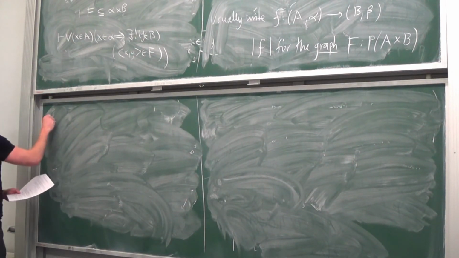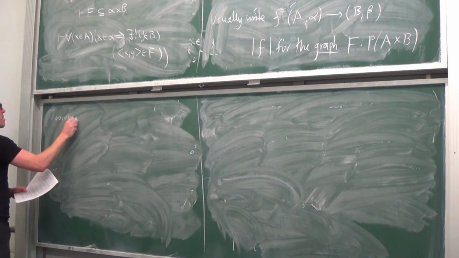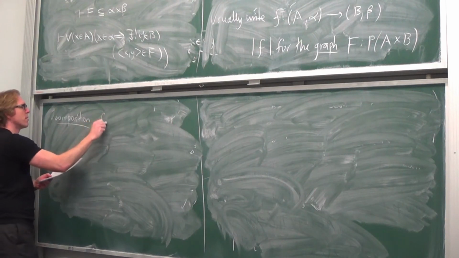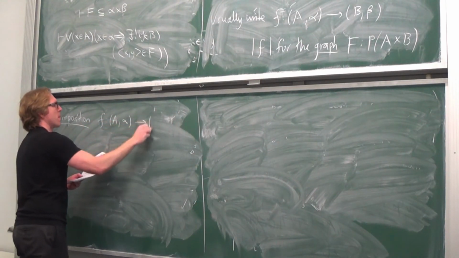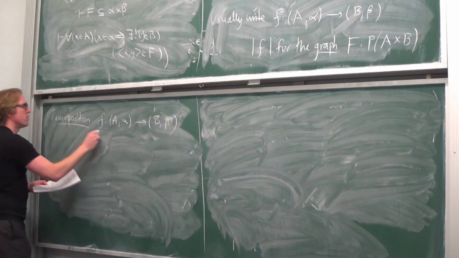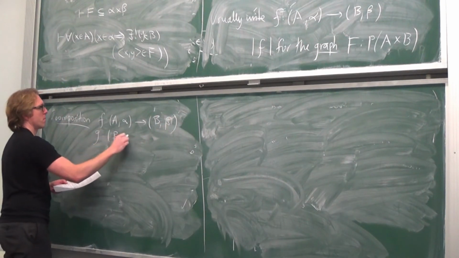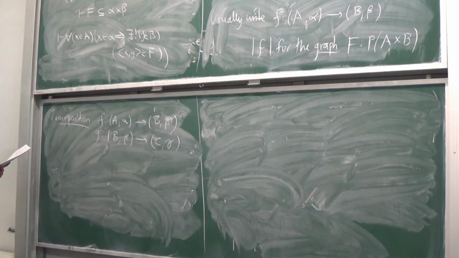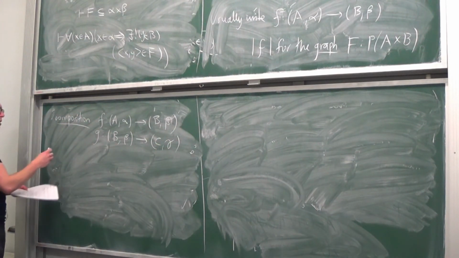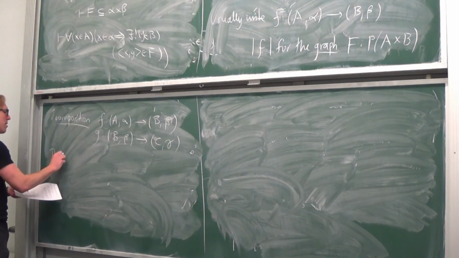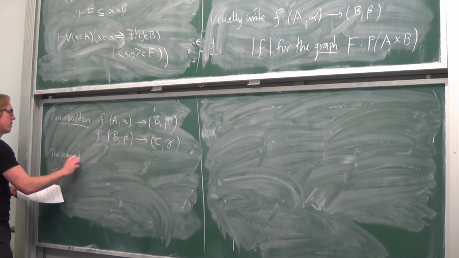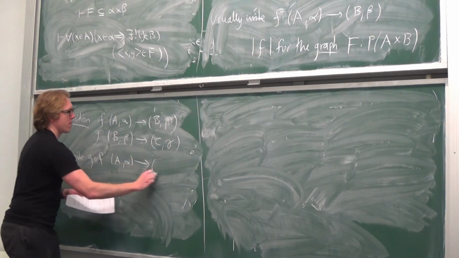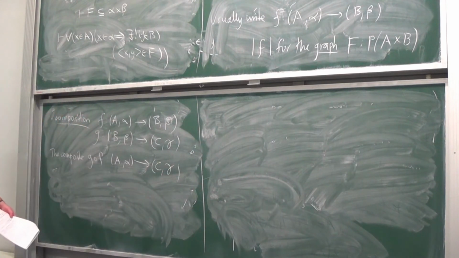Then we need the composition rule. So what does that say? It says given two morphisms, F and G, composite G circle F. So what do I have to give you?